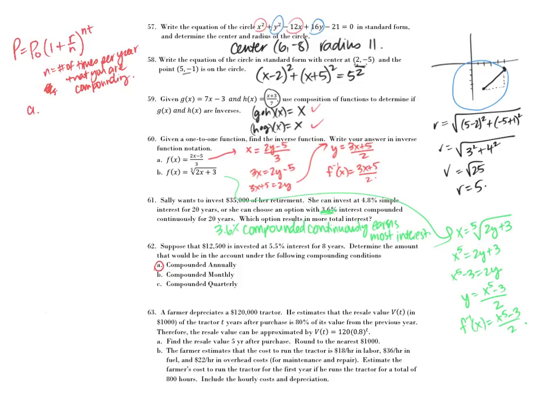So if we go to A, we're compounding once a year. So we're doing P is equal to, what's my initial investment? $12,500 times (1 plus my rate, 5.5%), and I'm dividing by 1 here, so to the 1 times 8, so to the 8.